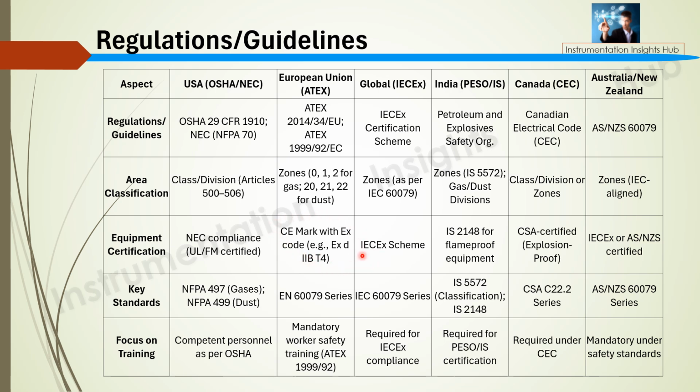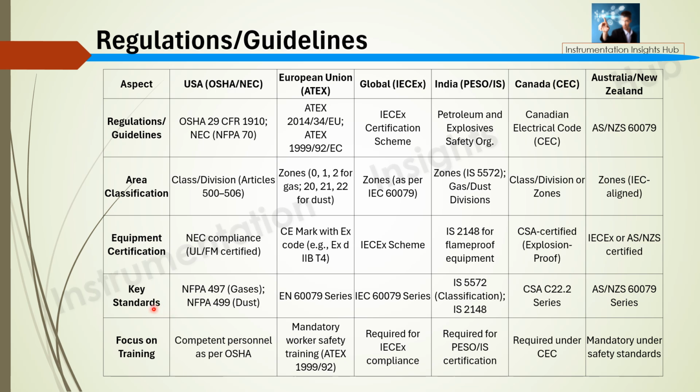The IECEx scheme is also derived from ATEX, which is widely accepted globally. So this is the international standard, and from this ATEX certification, we have derived IS 2148 for flameproof equipment. This is one example of an Indian Standard for flameproof equipment, and likewise.